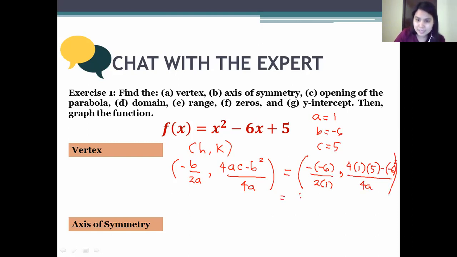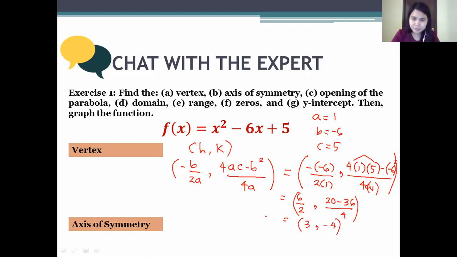That's 6 over 2. And the other one, this is 20 minus 36. Oh, sorry, 4a, 4 times 1, over 4. So we now have 3, and negative 16 divided by 4 is negative 4. So our vertex is found at (3, negative 4).